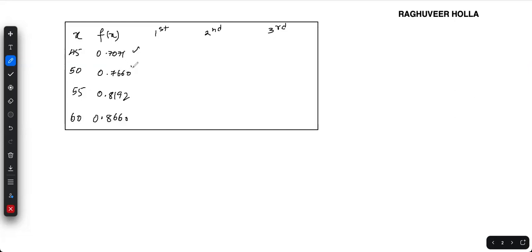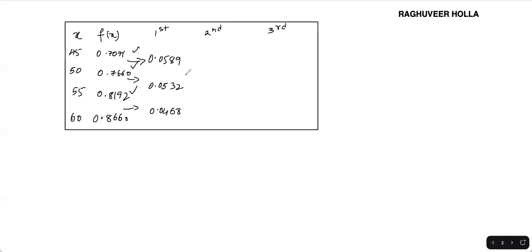This minus this, okay? So the difference is 0.0589, and difference of this and this will be 0.0532. Difference of this is 0.0468.